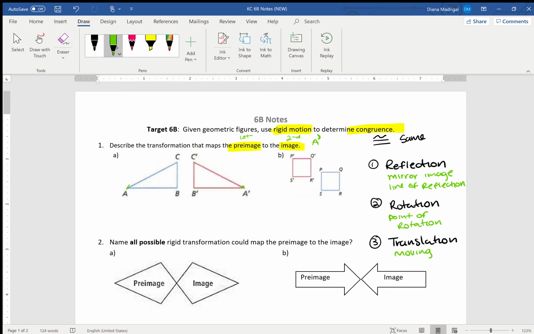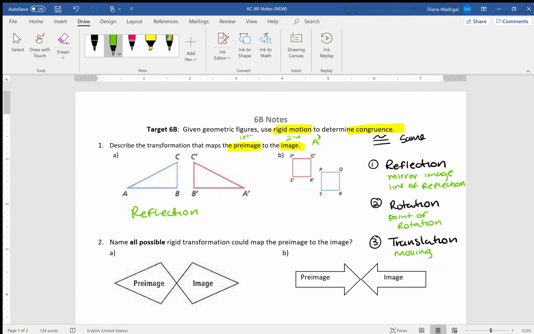So that's good. So this one is reflection. It cannot be translation. Translation would have moved the shape just to the right, but it wouldn't have flipped the A to A prime. So that's how I know it's reflection.